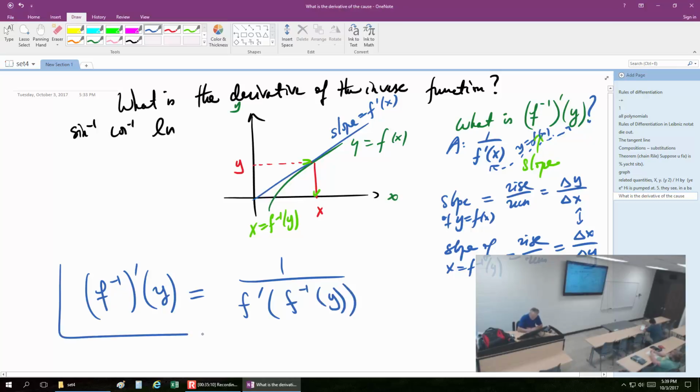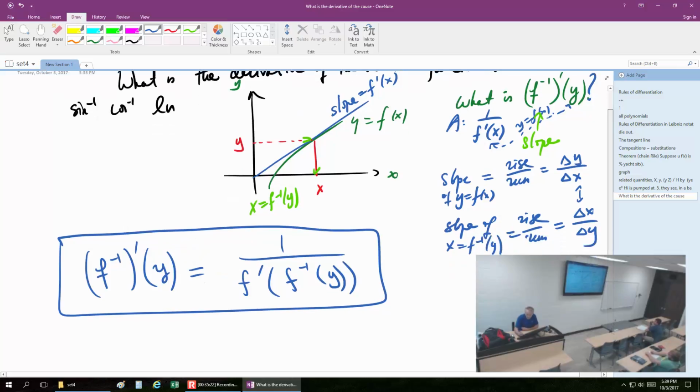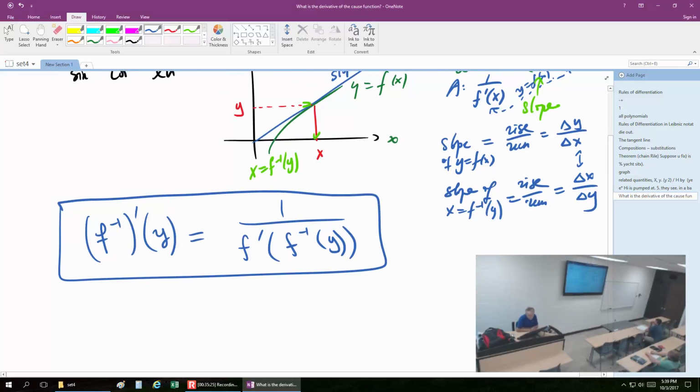Okay, this is the formula. So we substitute the inverse function into our derivative of the original function so that the right-hand side would be a function of x. As always, we apply the chain rule here indirectly.